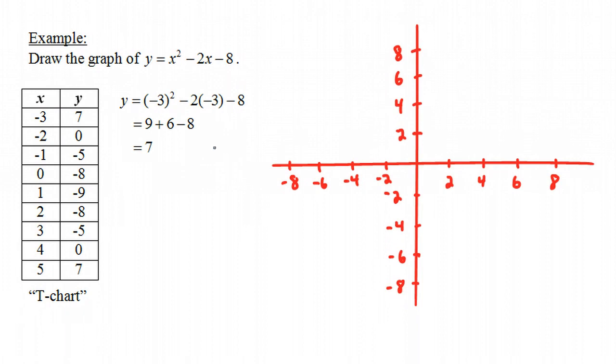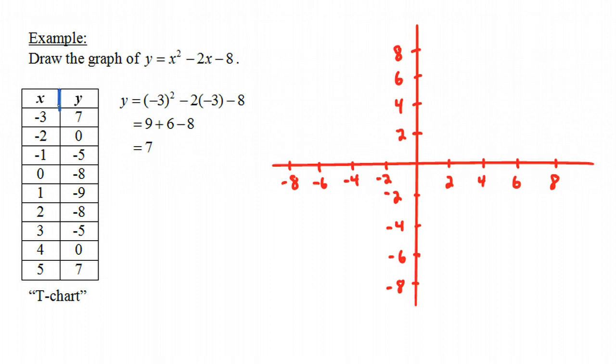Let's do one more example. Let's draw the graph of y equals x squared minus 2x minus 8. This equation is nice because it just has y equals something that involves x. And when you just have y equals something that involves x, sometimes the easiest way to draw the graph is to do what's called a t-chart.